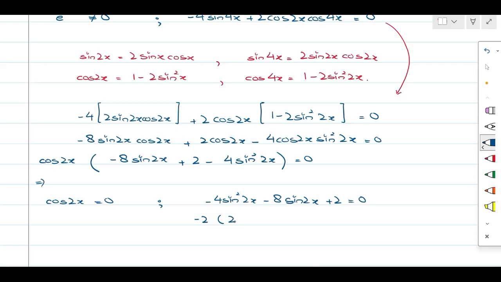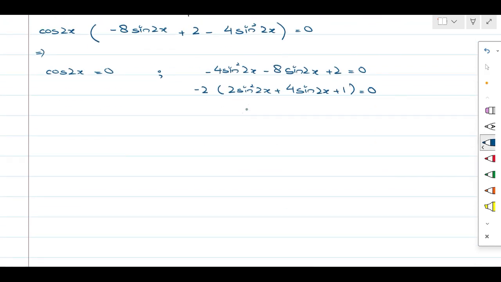So 2 times 2 is 4 sine square 2x, 2 times 4 is 8 sine 2x, and 2 times 1 is 2, equal to 0. Now this minus 2 divides on the other side and it becomes 0. So 2 sine square 2x plus 4 sine 2x plus 1 is equal to 0, right? Now cos of 2x is equal to 0.